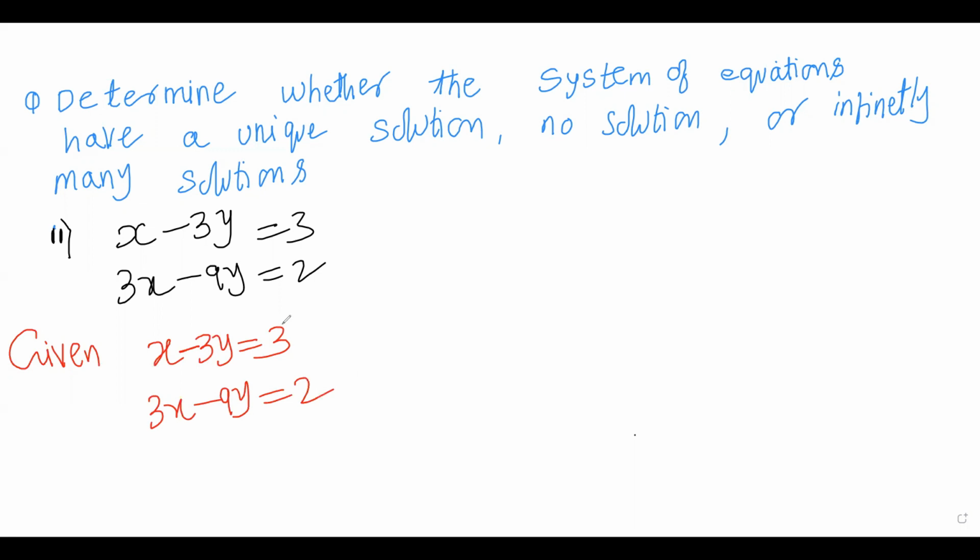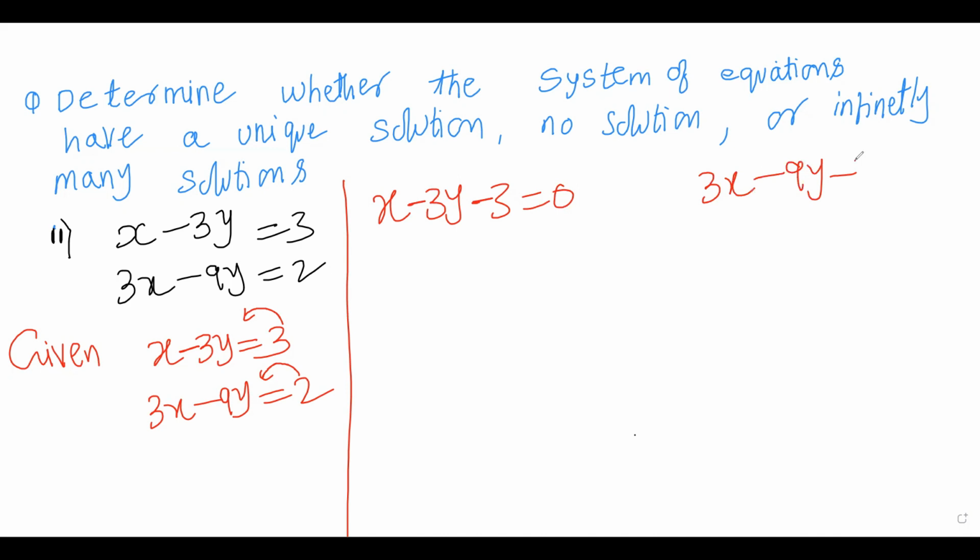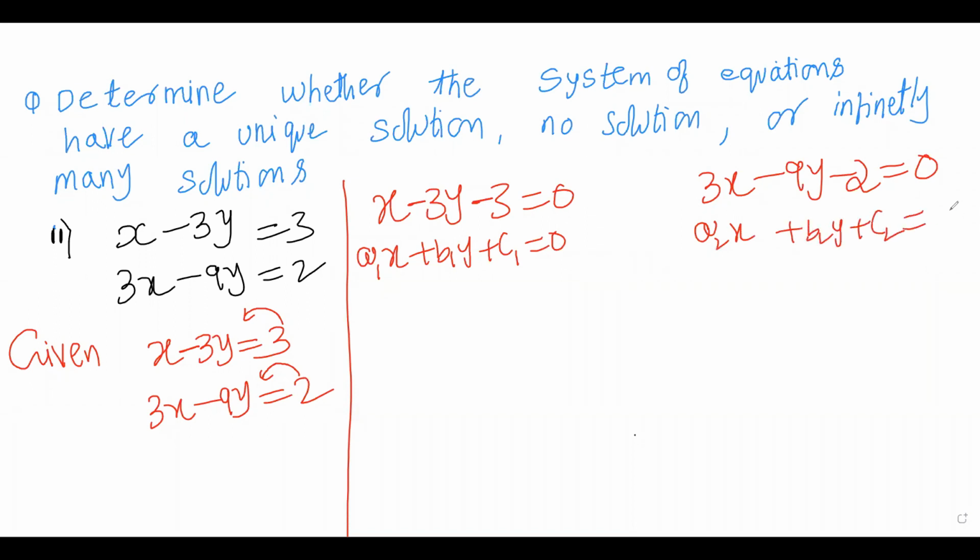You have to transpose the constants towards the left hand side. So x minus 3y minus 3 is equal to 0, and 3x minus 9y minus 2 is equal to 0. And you will write the standard form: A1x plus b1y plus c1 is equal to 0, A2x plus b2y plus c2 is equal to 0.